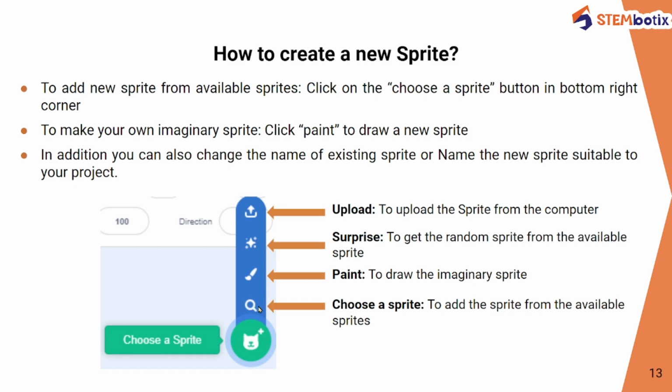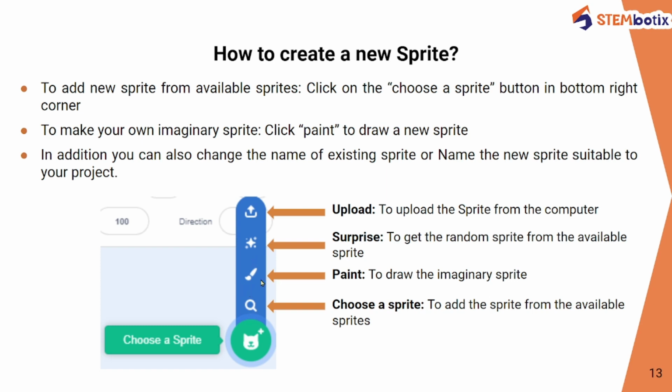After that, you can see this search area. The search area is used to see the numerous sprites available in the Blockzie software. So using this search bar tool, you can search for the kind of sprite you want in your project. After that, there is some exciting button over here.